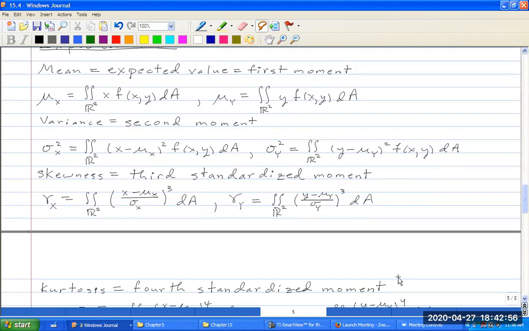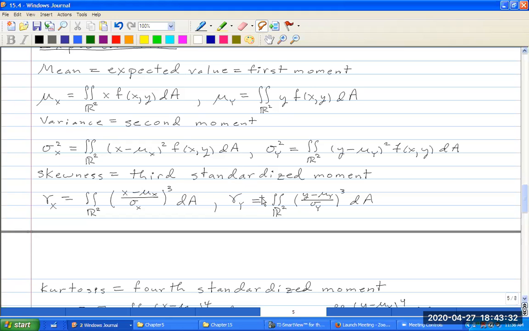The skewness is just the third standardized moment. And so my skewness, gamma sub x, is just the integral of x minus mu sub x over sigma sub x, cubed, which we sometimes call z cubed.